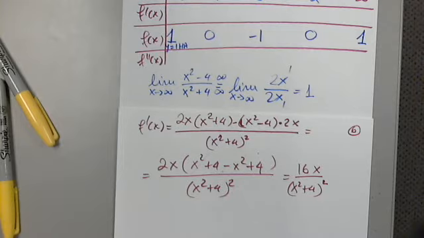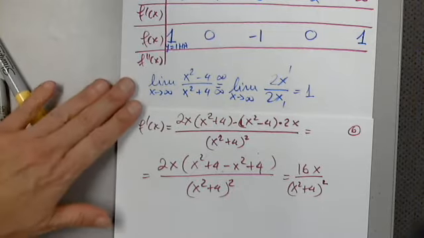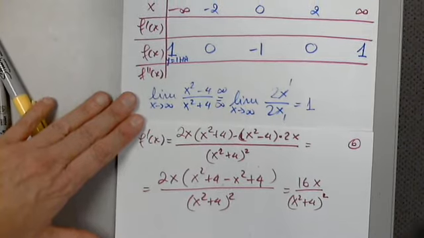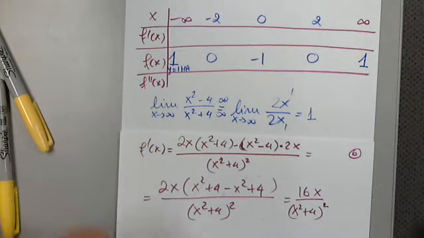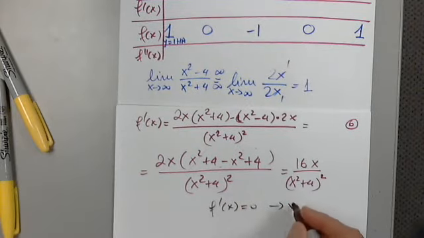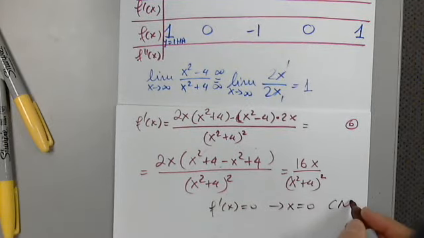Is there a critical number? Can f prime be 0? When x is 0. Very good. This is the only critical number.